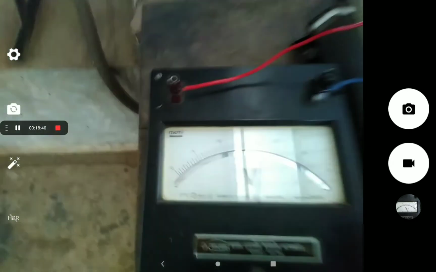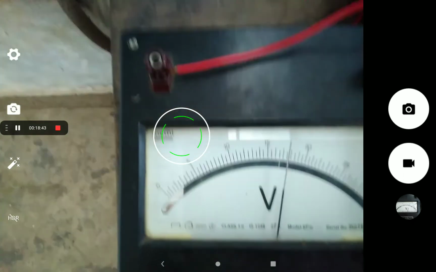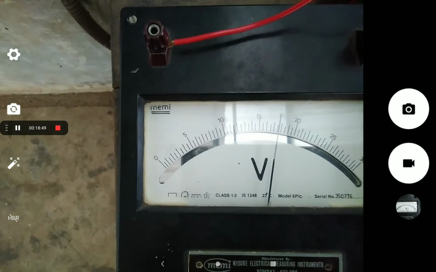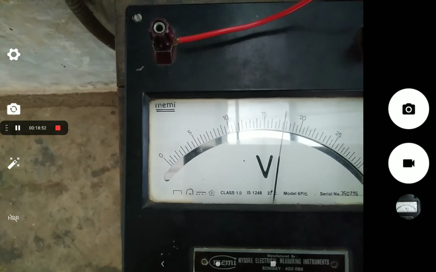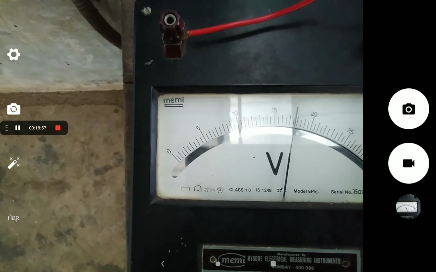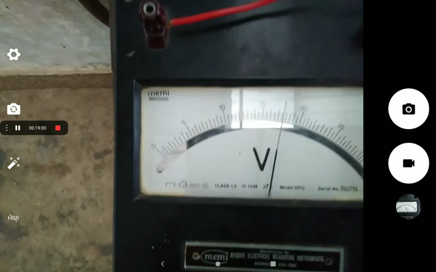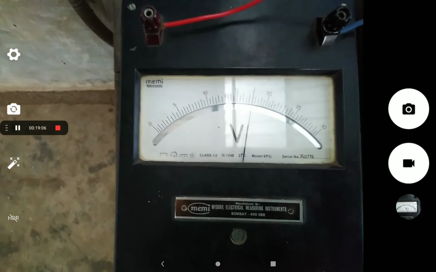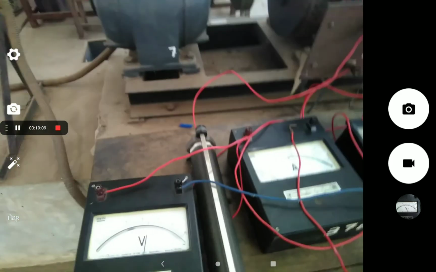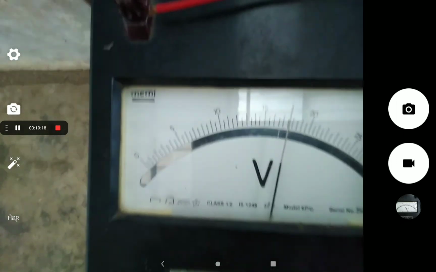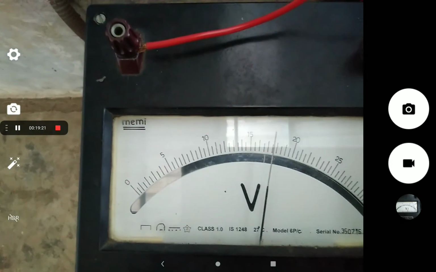After some time, first it showed about 20, then 24, but now you can see it has decreased to 17.5. So 17.5 is your residual voltage. Initially it showed a high value, but after it reaches a stable value it is not reduced further. So you mark this as your residual voltage, 17.5.